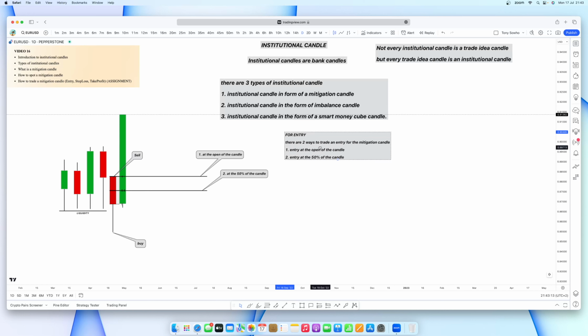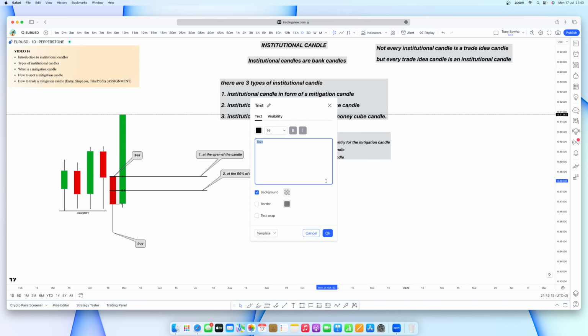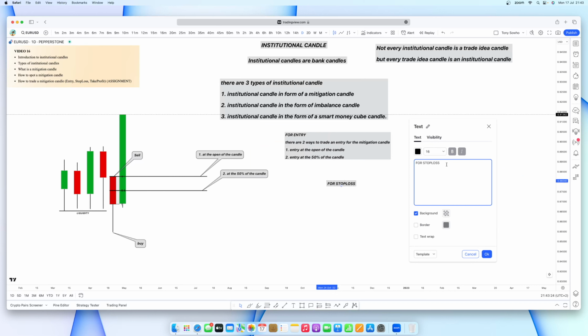That's for the entry. Now for stop loss, there are two areas where the stop loss can be placed trading a mitigation candle.